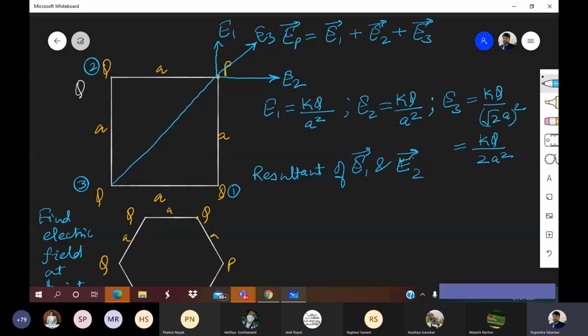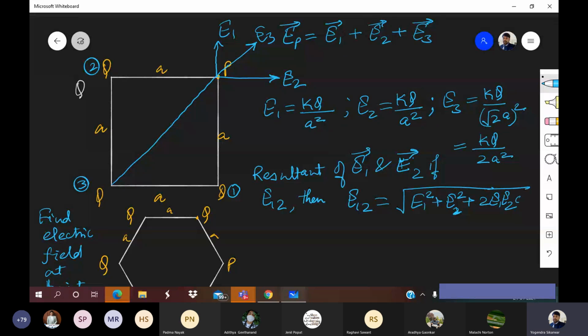If I call it E12, then its magnitude will be under the root of E1 square plus E2 square plus 2 E1 E2 cos 90.